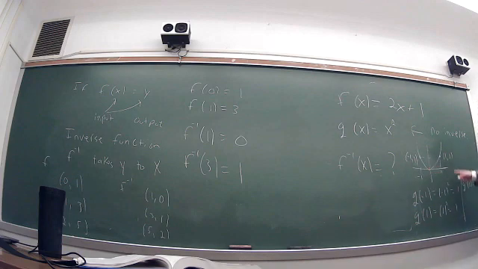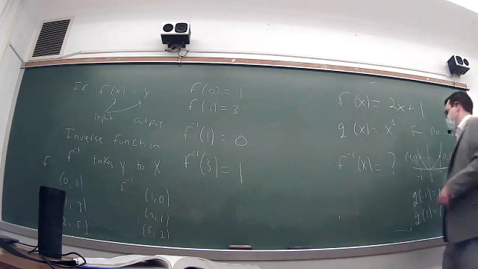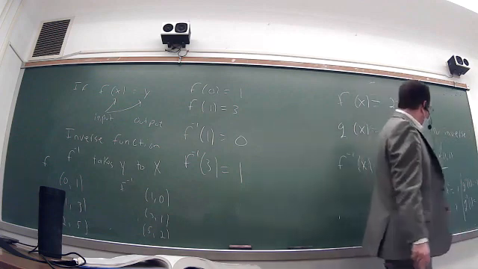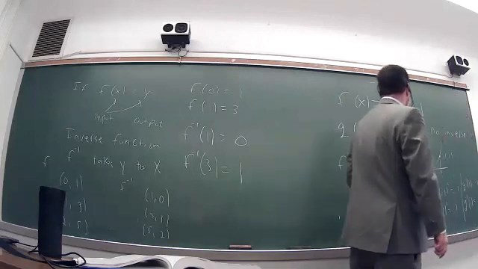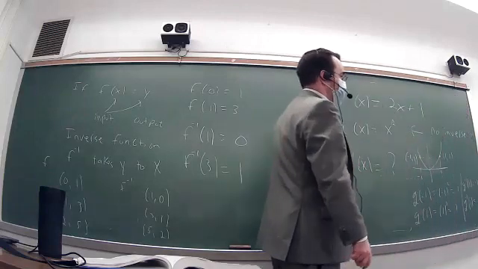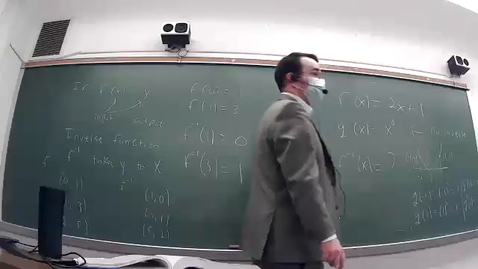So the inverse sends 1 to negative 1, and the inverse sends 1 to 1. And so that's not a function, it's a relation. So there's no inverse function to this.